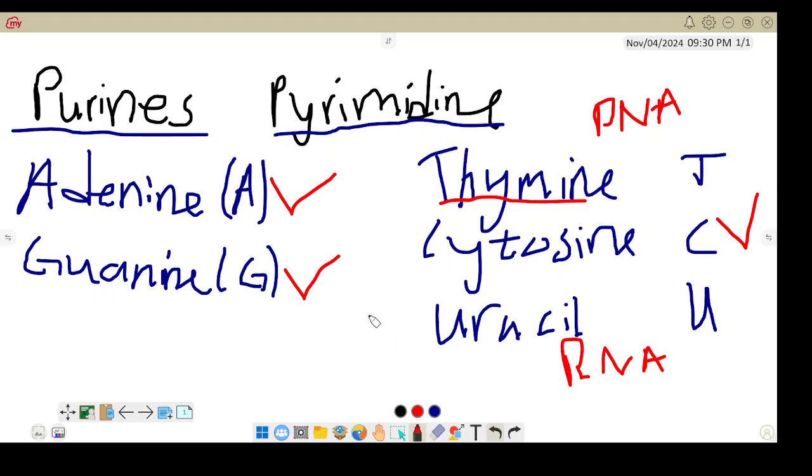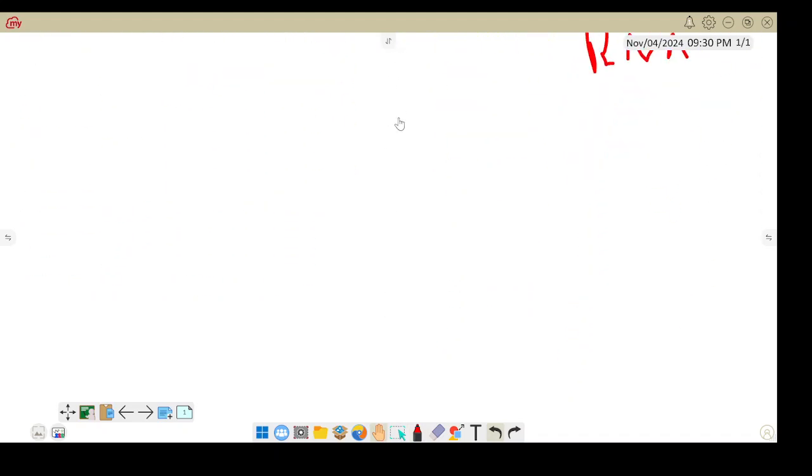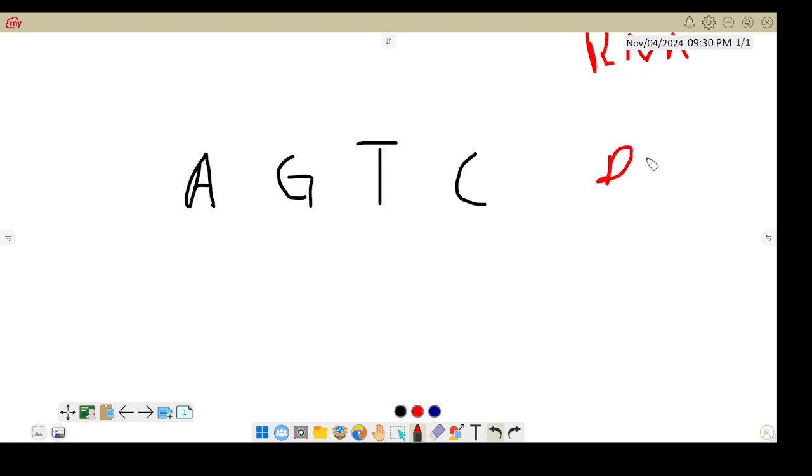Later on, we'll talk about transcription, whereby if we have adenine, and then guanine, and then thymine and cytosine, this should be a DNA molecule because we have thymine.